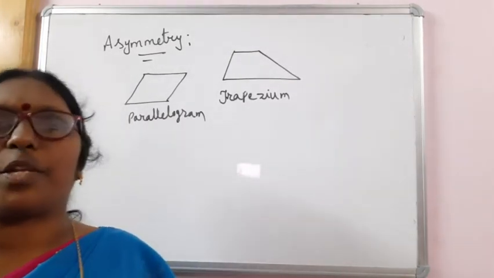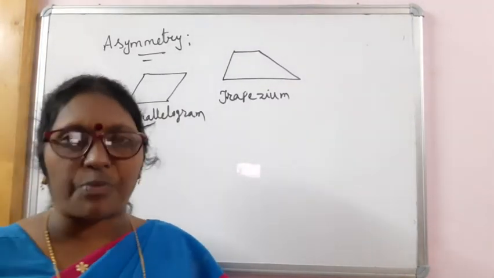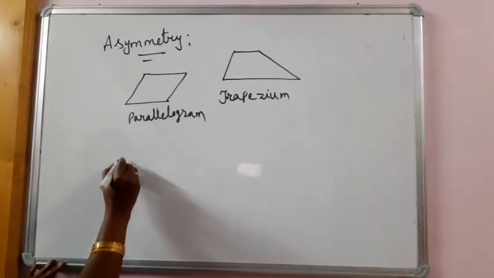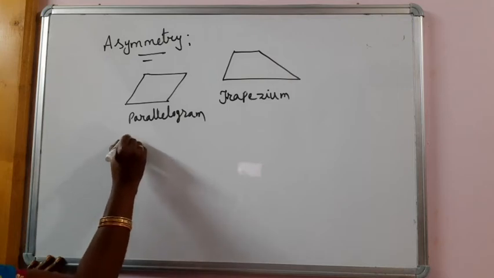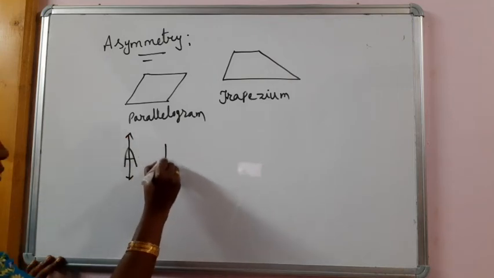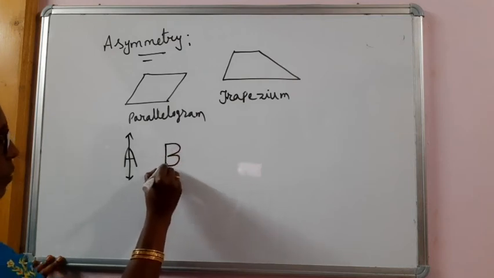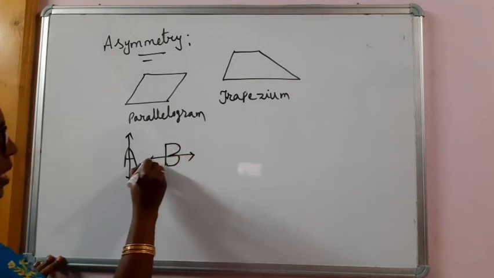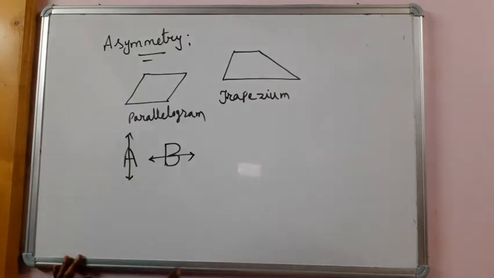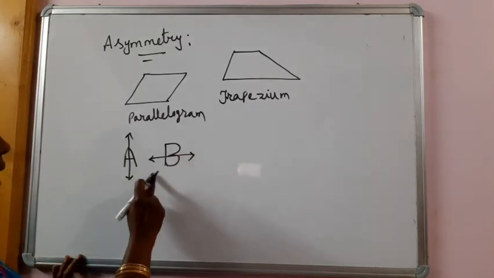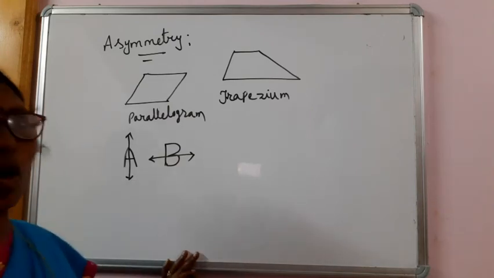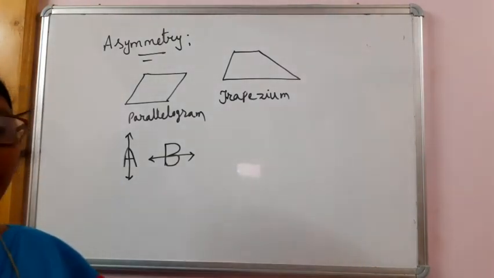Now let me explain some English alphabets. Alphabet A has a vertical line of symmetry. Alphabet B has got a horizontal line of symmetry. One important thing, whenever you show lines of symmetry, show both the sides by arrows.